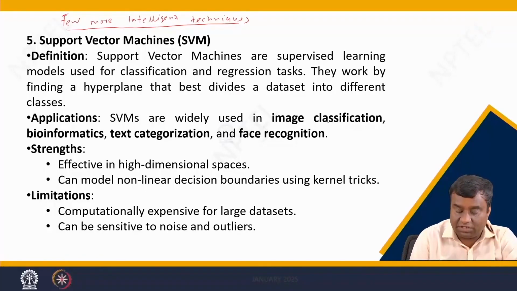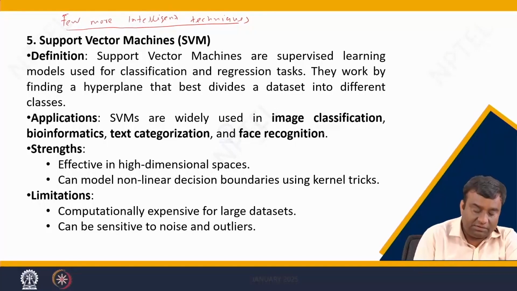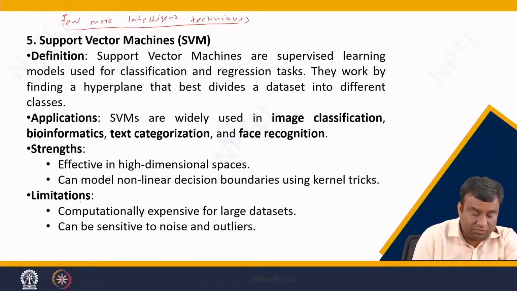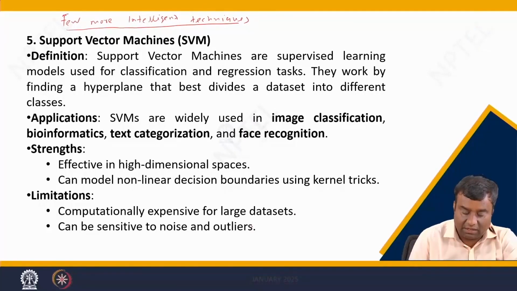SVMs are widely used in image classification, bioinformatics, text categorization, and face recognition. Strengths: effective in high dimensional spaces, can model nonlinear decision boundaries using kernel tricks. Limitations: computationally expensive for large datasets, can be sensitive to noise and outliers.